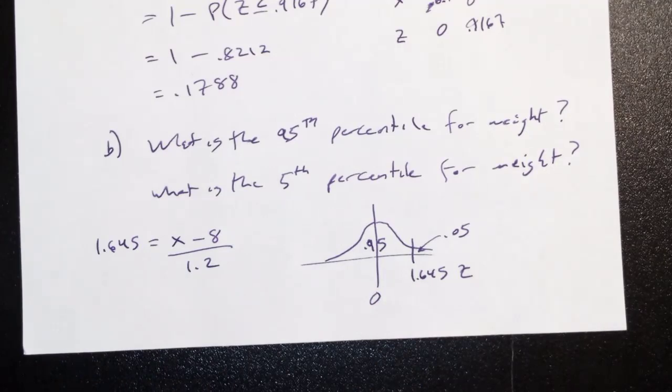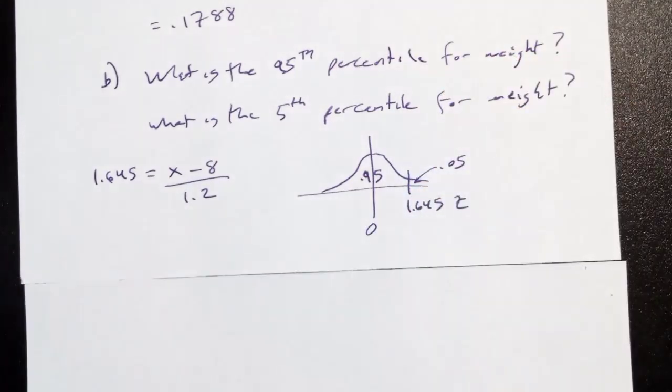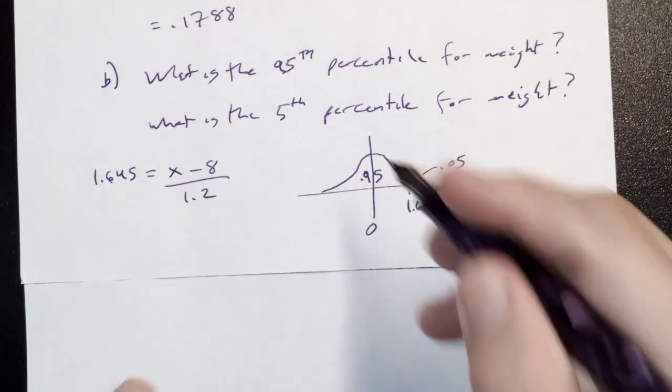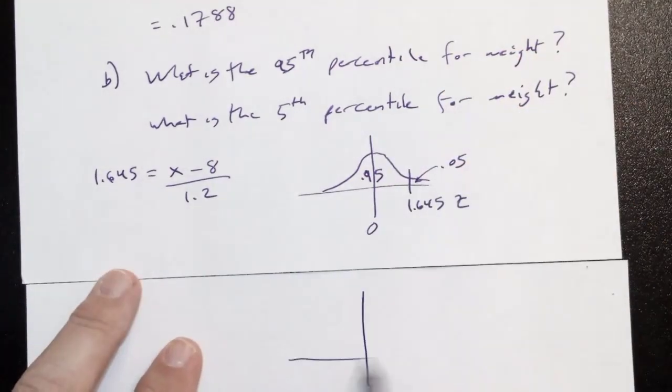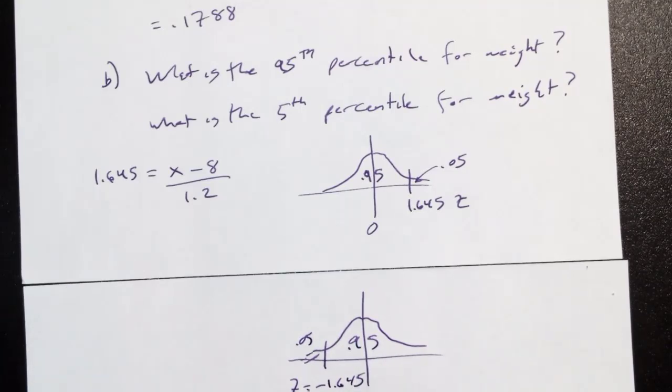What changes if I want the 5th percentile? Because that would turn this picture over. The 5th percentile would be the exact same picture on the other side, and that would simply make this negative.